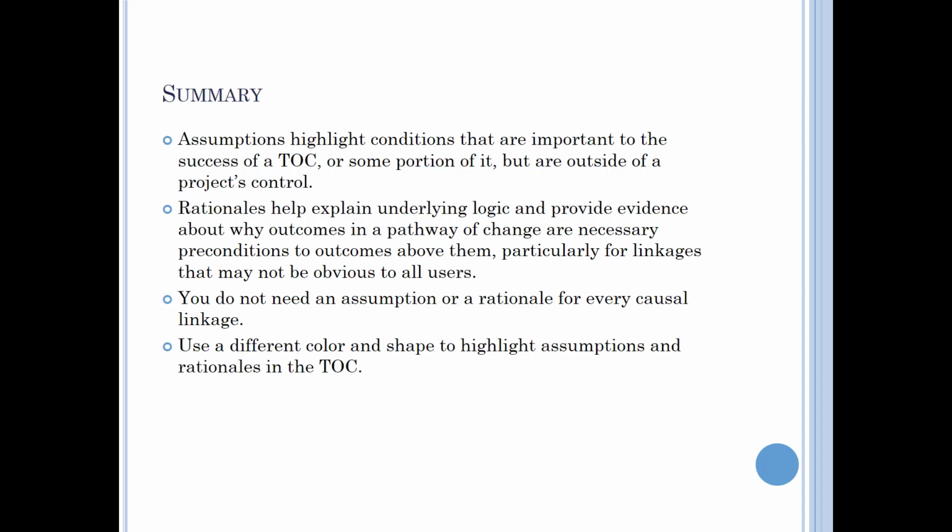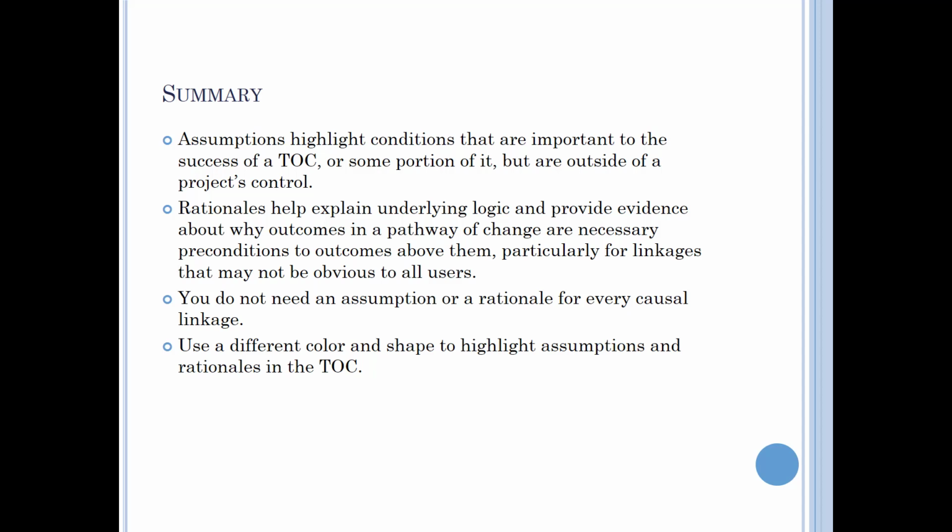So summarizing, assumptions highlight the conditions that you need to explain to the donor or your agency. They are important to the success of your theory of change or some portion of it. You don't need to have assumptions everywhere, but these assumptions are outside of the project's control. They are some risk that the project is in fact taking.